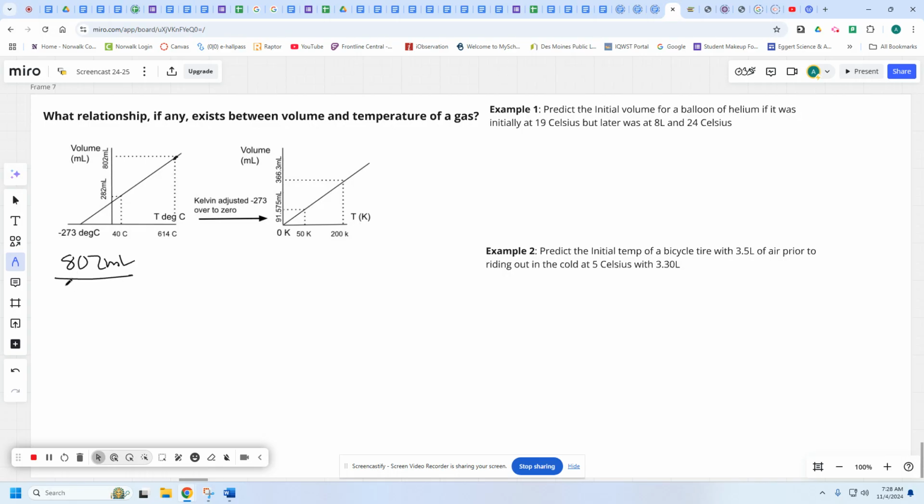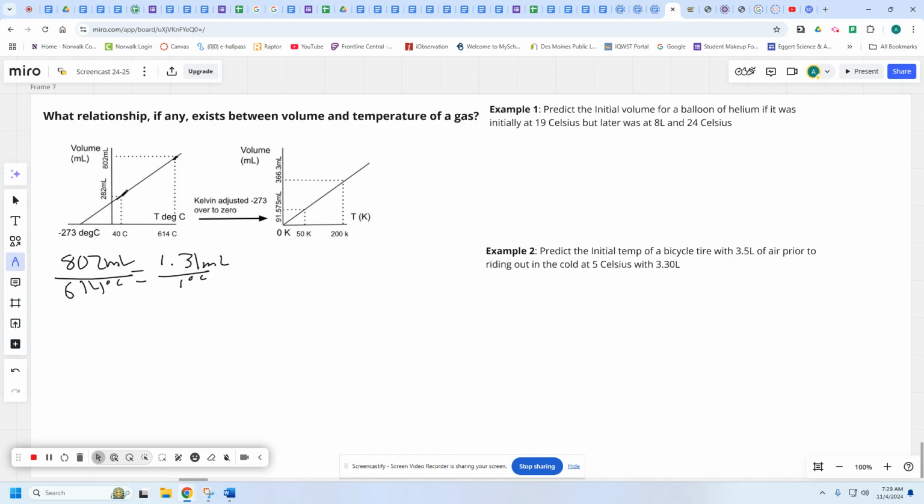So let me compare each data point to each other as a ratio. If you divide these two, and this should be on a handout or in your notebook also, so 1.31 milliliters for every degree Celsius is what that simplifies to.